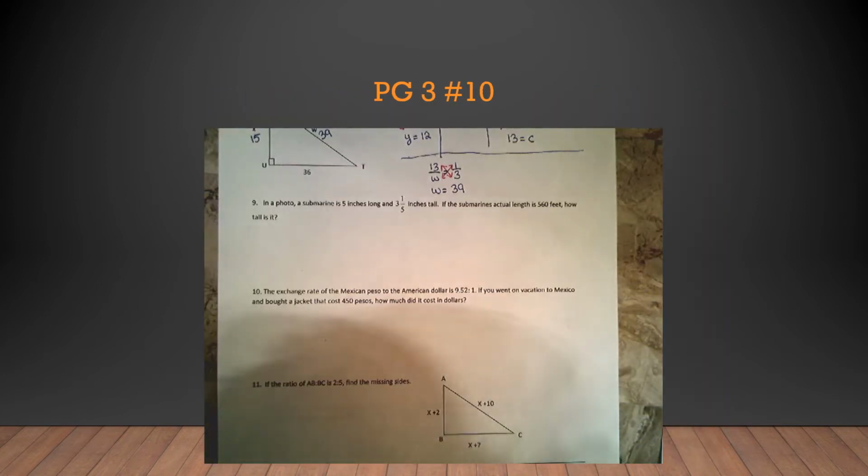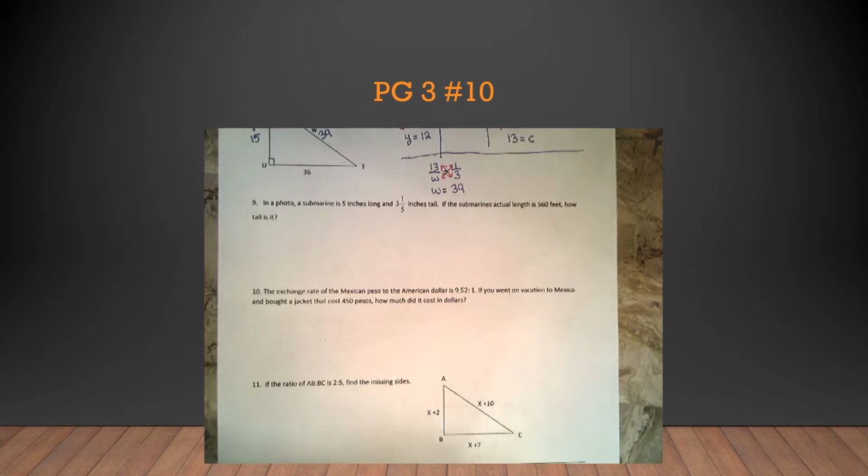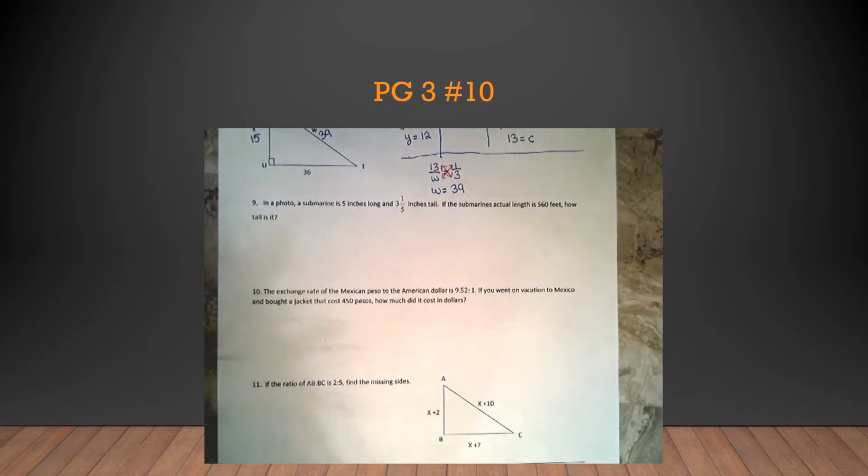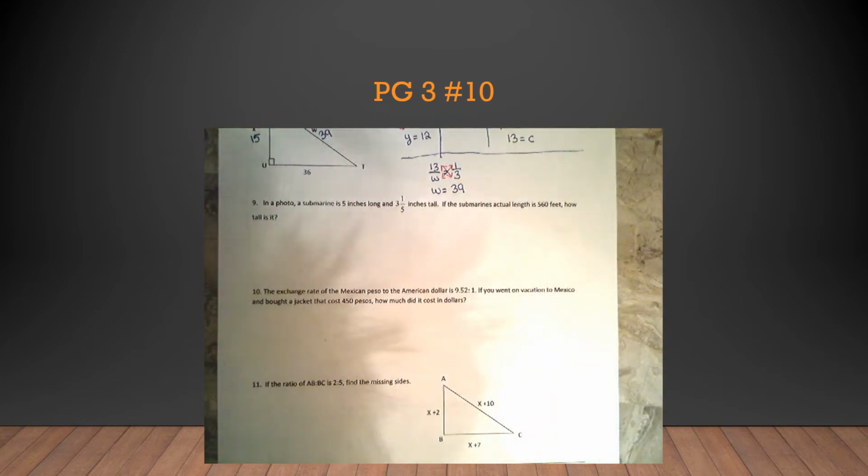So we're again on page 3. We are now looking at number 10. This one says the exchange rate of the Mexican peso to the American dollar is 9.52 to 1. If you went on vacation to Mexico and bought a jacket that cost 450 pesos, how much did it cost in dollars?